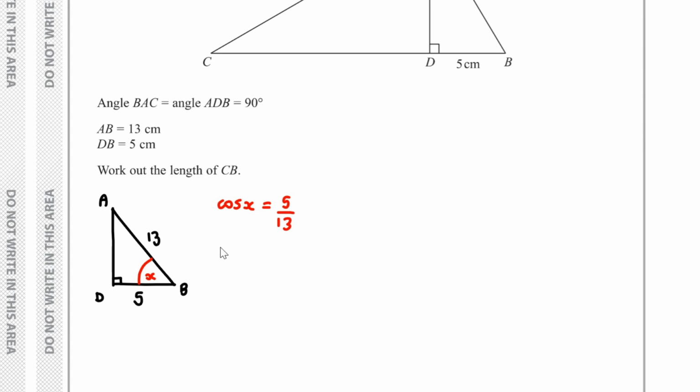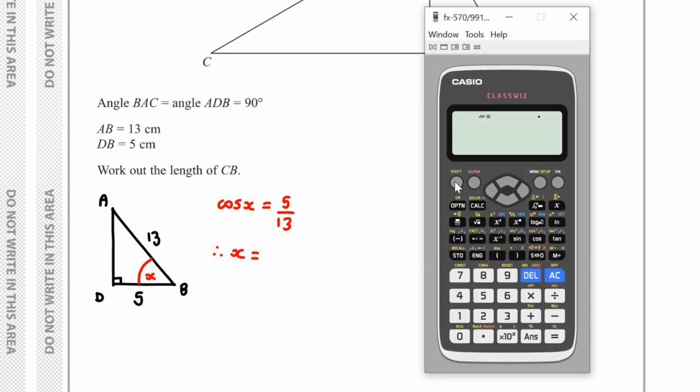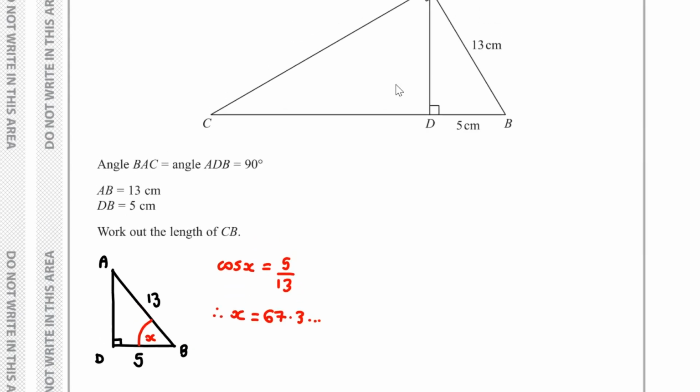So x is equal to the inverse cosine of 5 over 13, which is 67.3, etc. degrees. If I add this to the diagram, we have 67.3, etc.